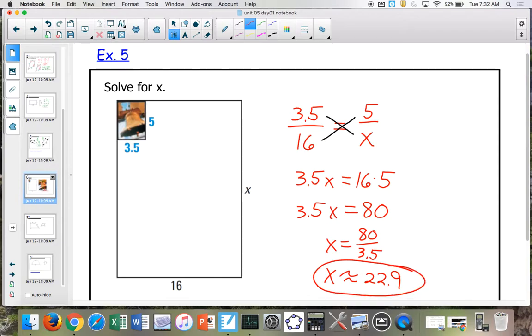So in this case, we'll just round to the nearest tenth, and we get x is equal to 22.9. There's no units on this problem, so we'll just leave it like that.